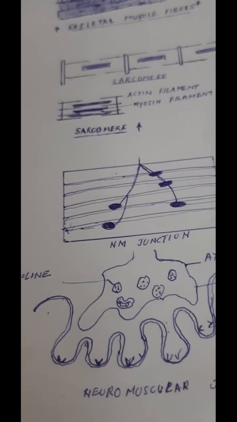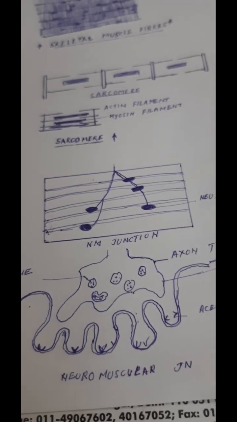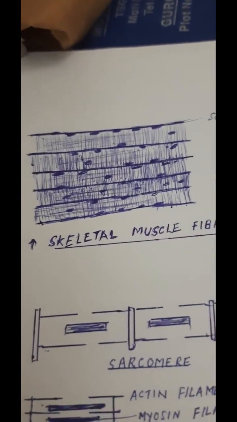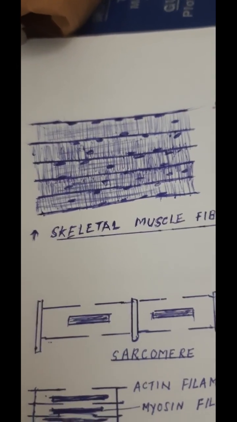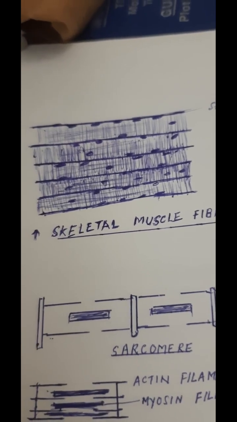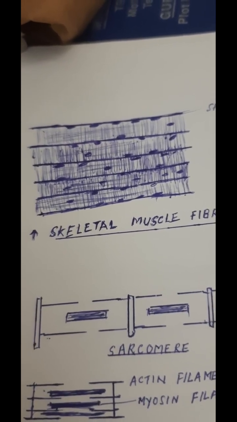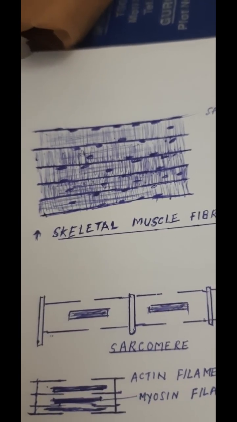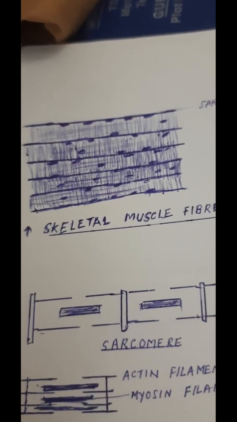So I wanted to show you this. Let us read a little bit. Muscles are composed, in a microscopic state, of so many muscle cells or muscle fibers. It has a cell wall which is called sarcolemma. It is a multinucleated cell. There are transverse striations and it has longitudinally placed myofibrils.